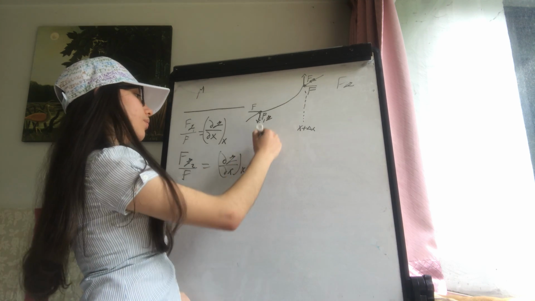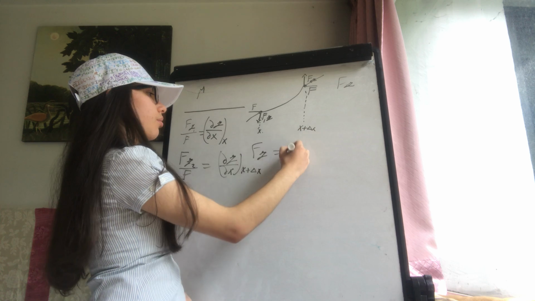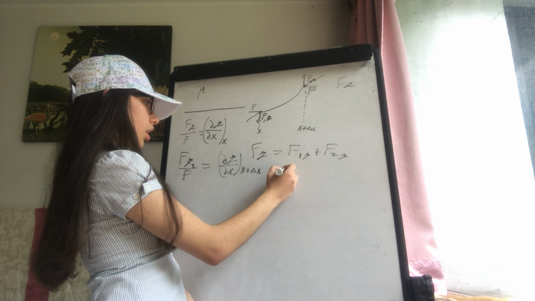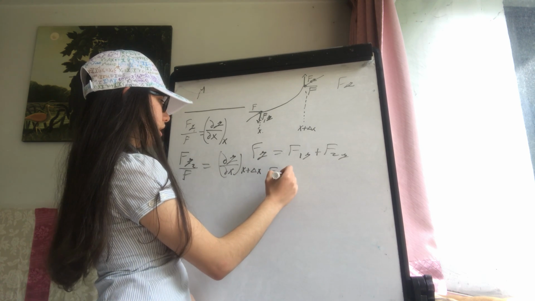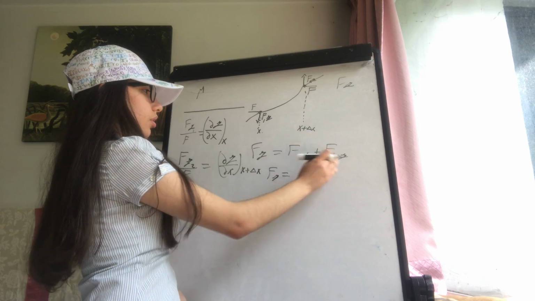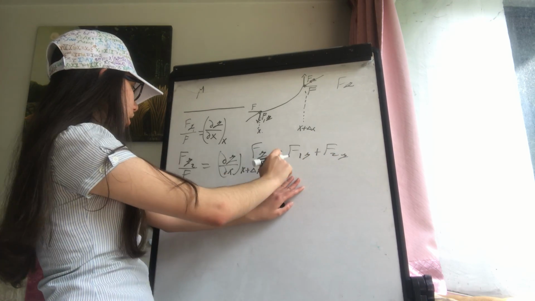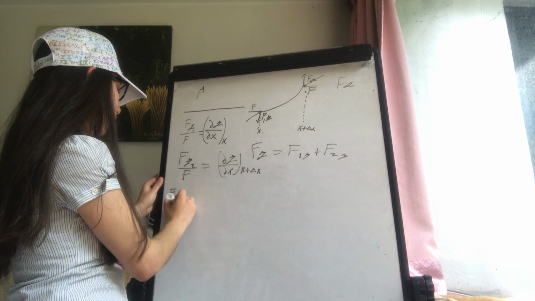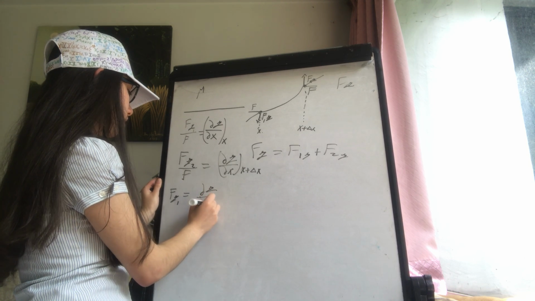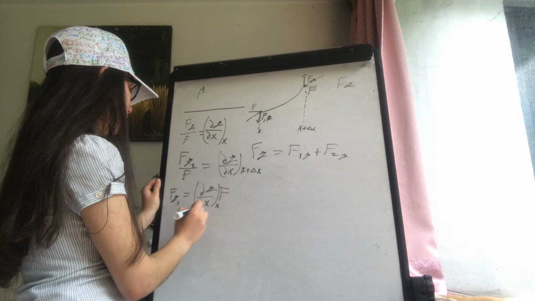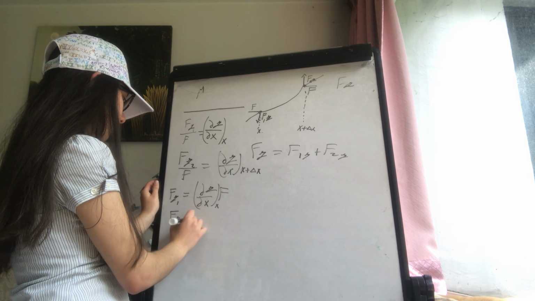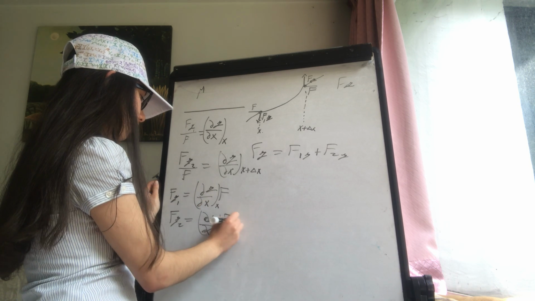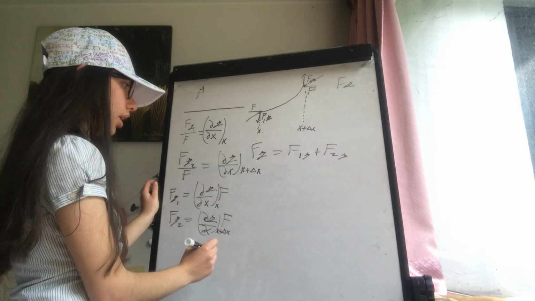So we have that the net force F sub y is equal to F sub 1y plus F sub 2y. Now if we want F sub y, we have F sub y1 is equal to dy over dx times F, and F sub y2 is equal to the partial derivative of y with respect to x times F, and here it's evaluated at x plus dx.